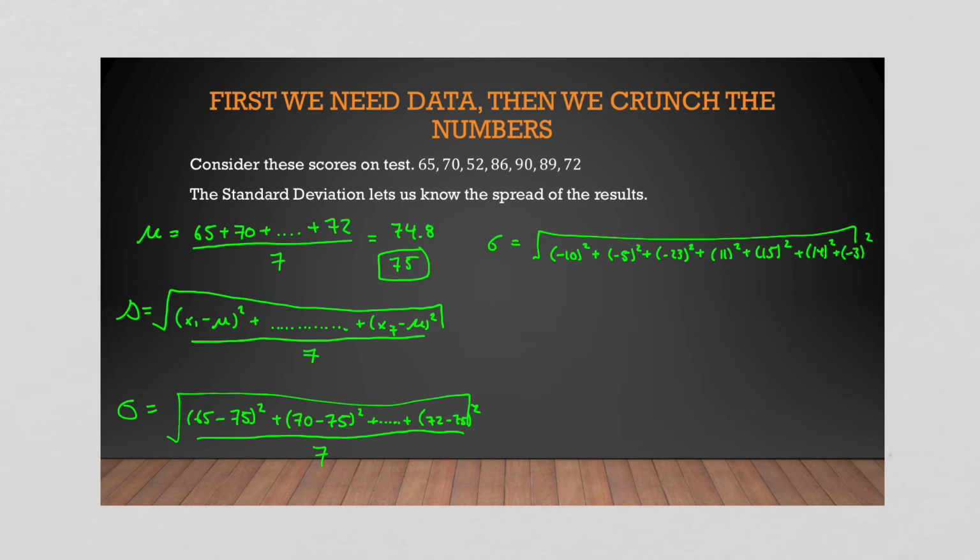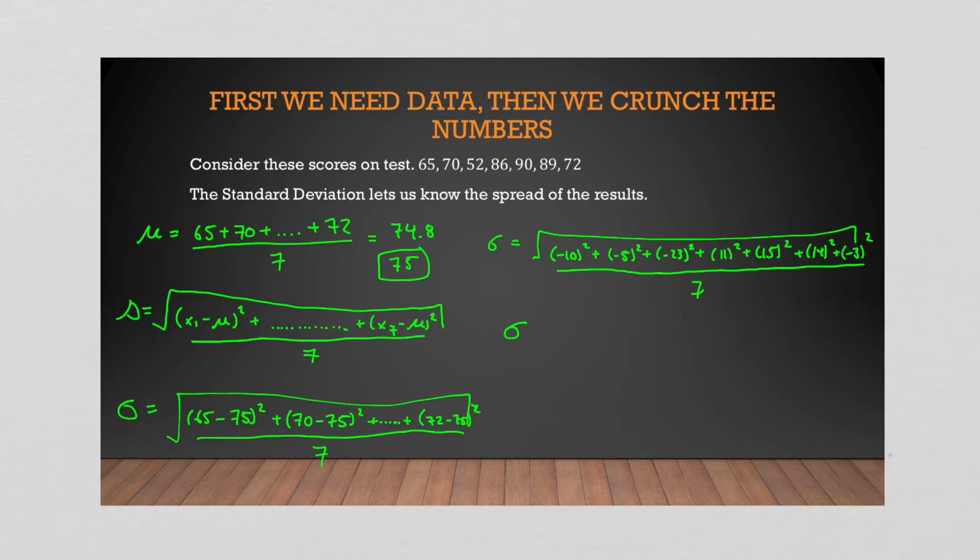And I don't know why I put brackets around all the positive numbers, but brackets around the negative numbers help because the good thing about negatives in this case is they're always going to square out to be a positive number. Because if that didn't happen, it's possible we could end up with negatives underneath our radical, which isn't allowed, and everything would break down. So the squaring is really, really important.